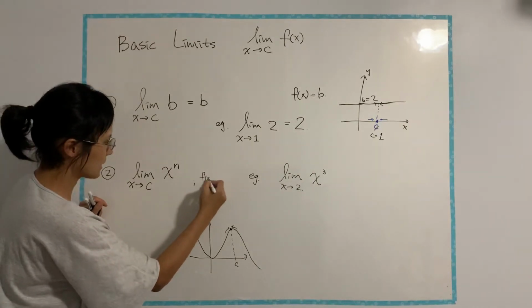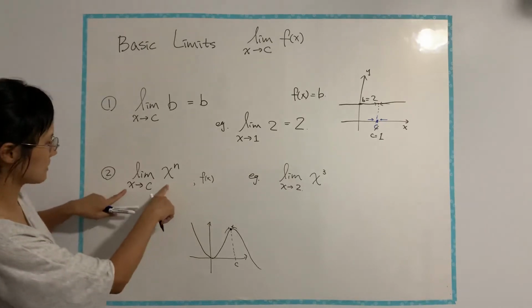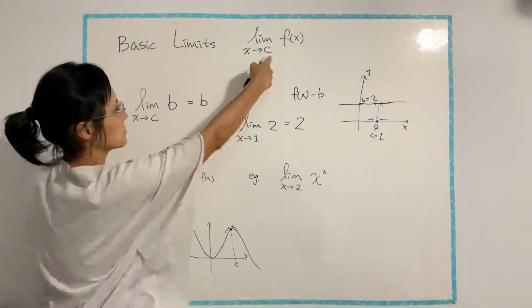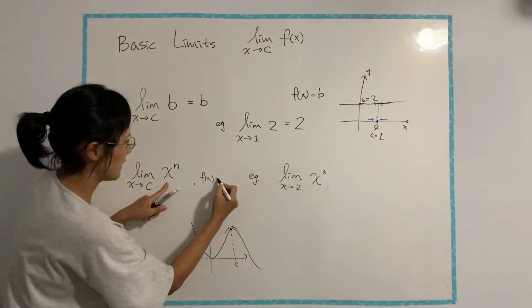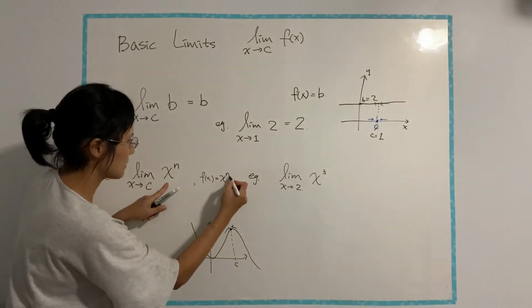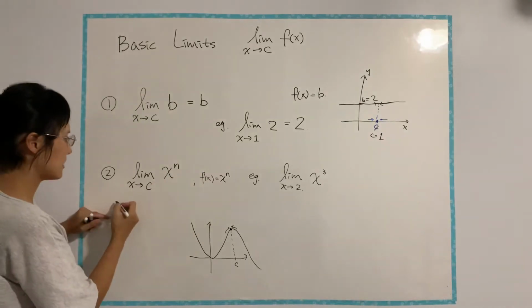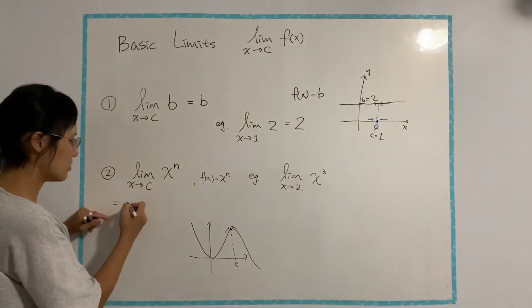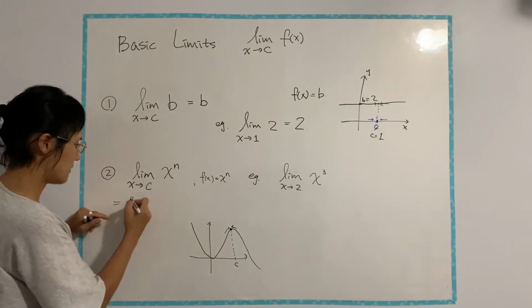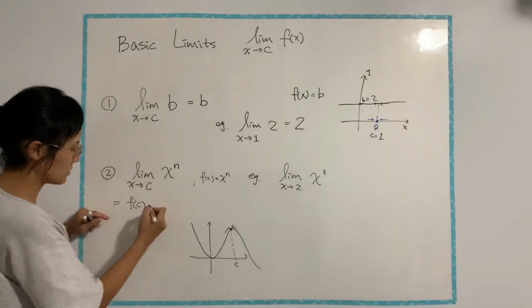f of x. Let's compare this example with the general form. We have f of x being the function x to the power n. This is given. And the limit equals f of c, the function value.